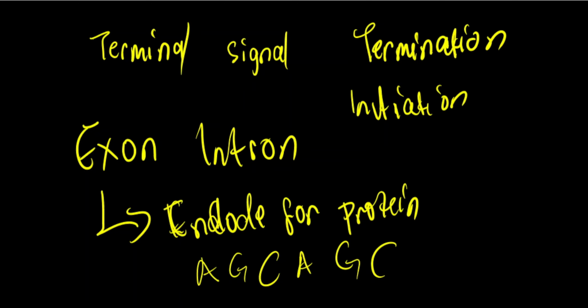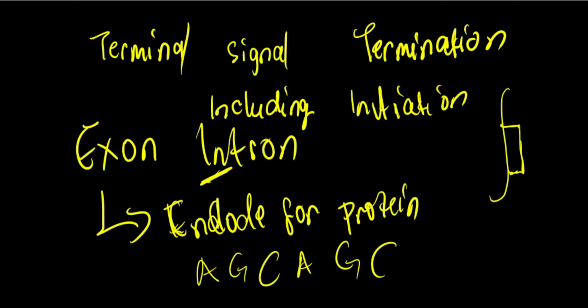However, in the DNA molecule, we have a lot of segments that don't actually encode for a protein. They are physically included, hence the term in, because they are included, but they are not expressed. Now, that part of the DNA that actually contains codes that are included and expressed is the exon, okay, because they are expressed.